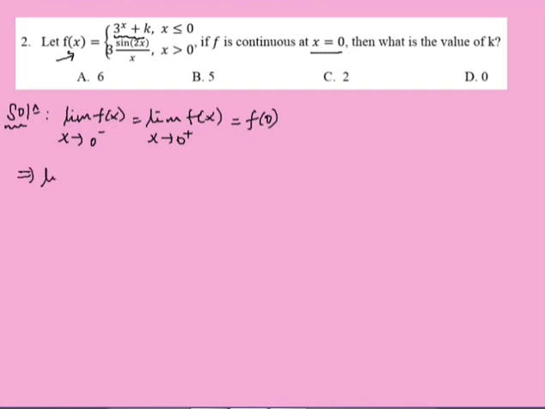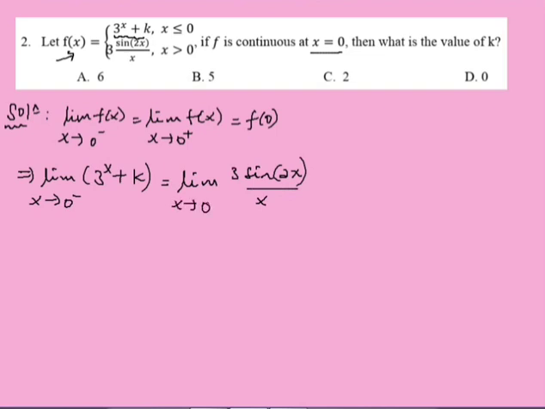So this becomes the limit of 3 to the power of x plus k as x approaches 0 from the left. This is the same as the limit of 3 times sine 2x over x as x approaches 0 from the right. Okay, so this must be the same as f of 0, using the condition for continuity at a point.